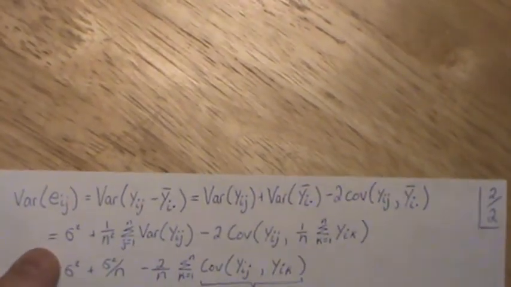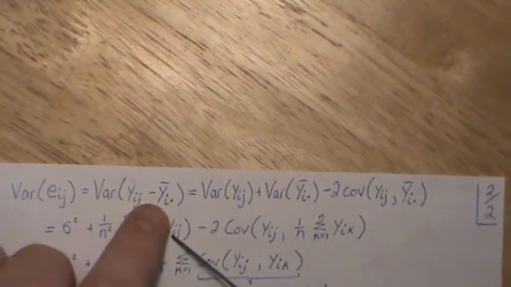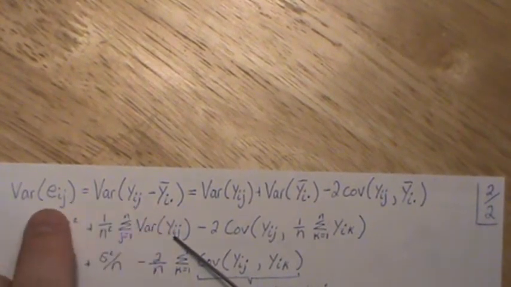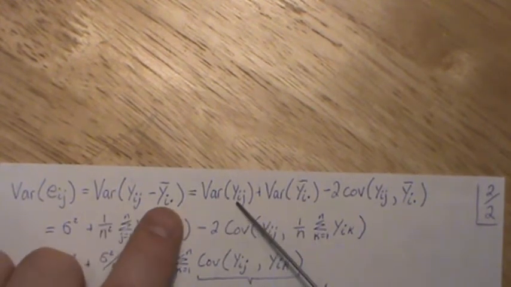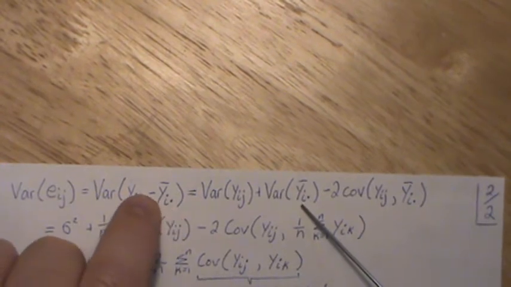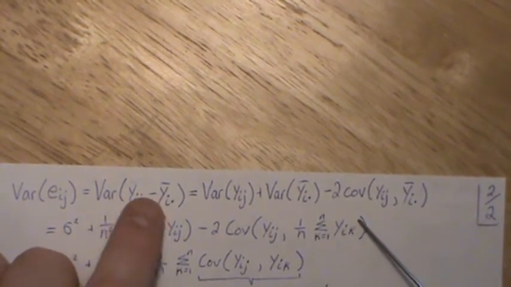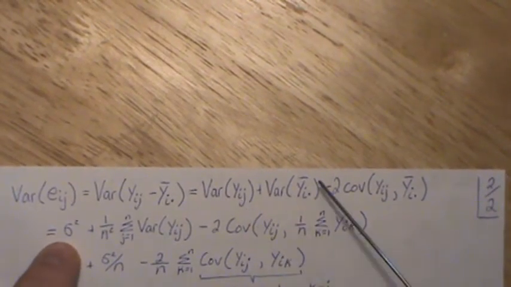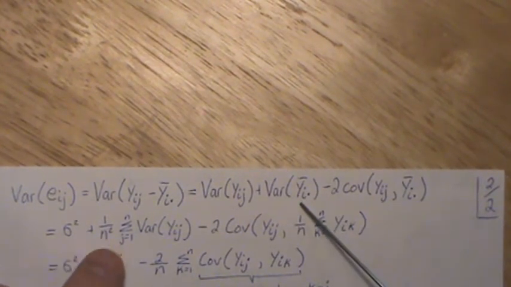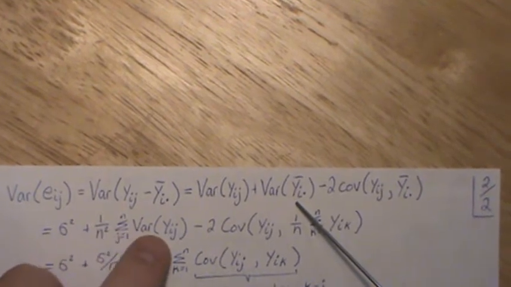Now the variance of EIJ: we plug in what the EIJ is, which is this. And then this linear combination, so it's the variance of the first plus the variance of the second, and then minus, because that's a minus, 2 times the covariance. Well, this we said was sigma squared. The variance of the mean, the variance operator goes in.